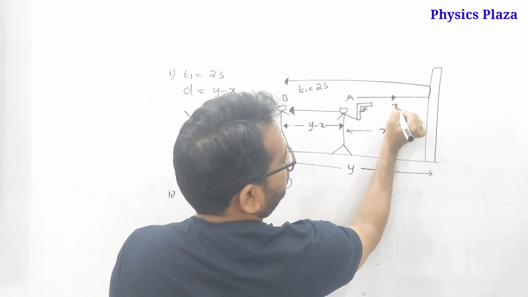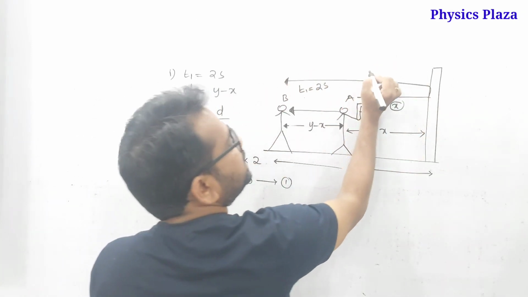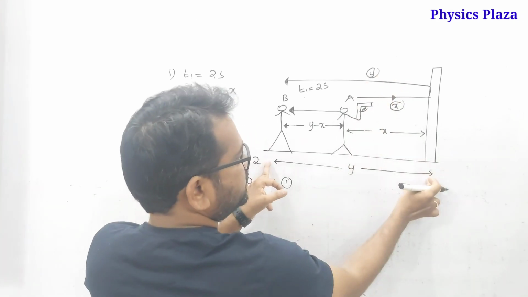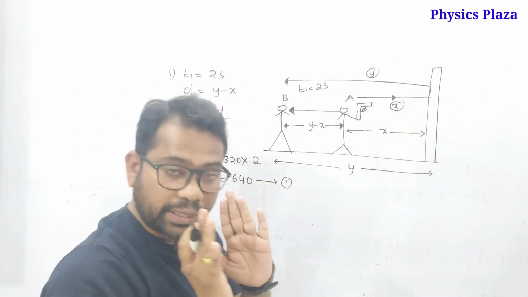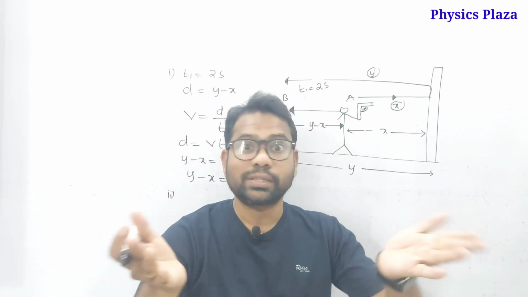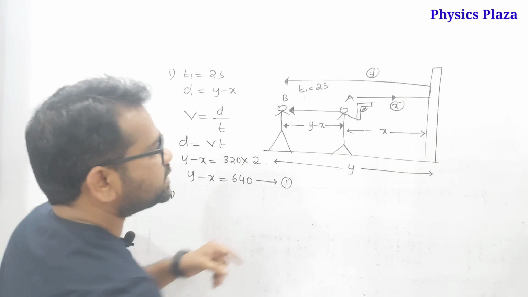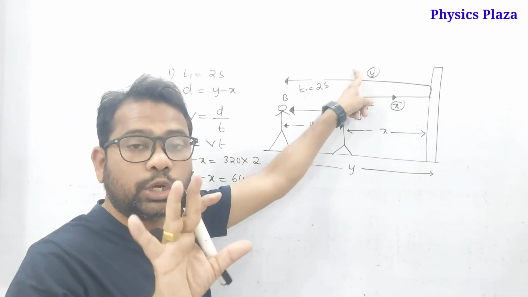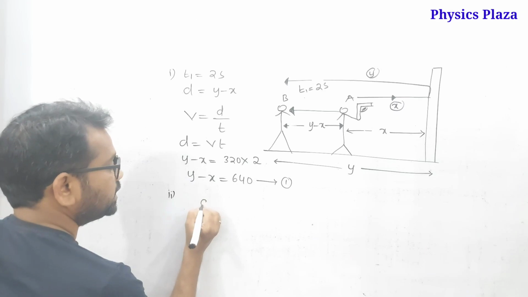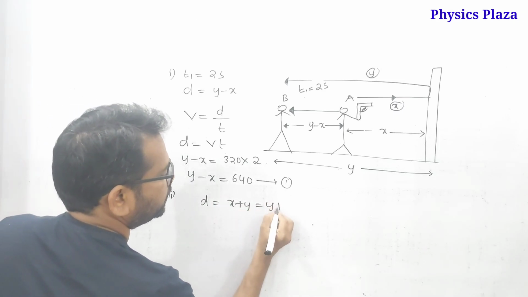Again from the cliff to person B it is traveling y distance. So forward it is x, backward it is y. Both are not equal. Now the total distance traveled is x plus y. Here you cannot take 2d. So the distance traveled is x plus y, or y plus x, anything is okay.